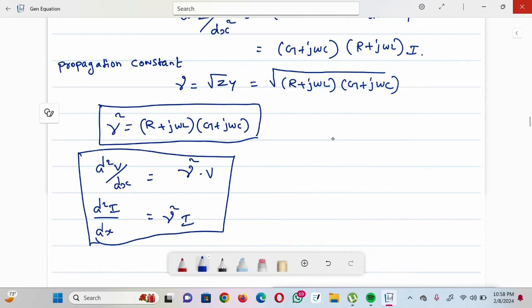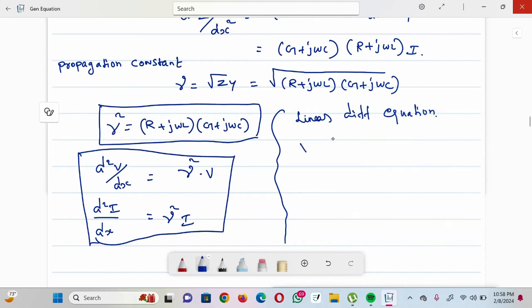Now by using these equations we can take the linear differential equation. By the help of the linear differential equation, we will get the general solution of the transmission line. That we will see in the next video.